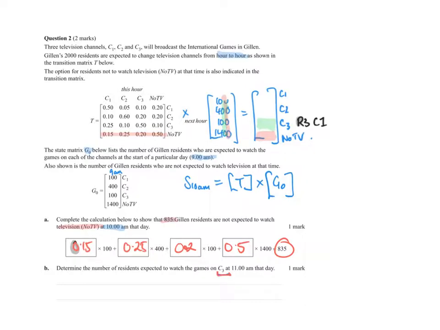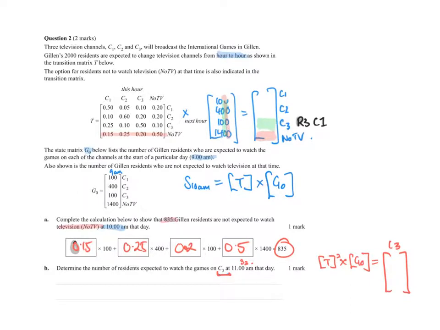Looking at this next question, determine the number of residents expected to watch the games on C3 at 11 a.m. That's state 2. So you can do the transition to the power of 2 times the original G0. When we get that, this will be C3.